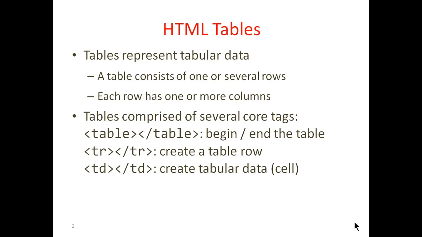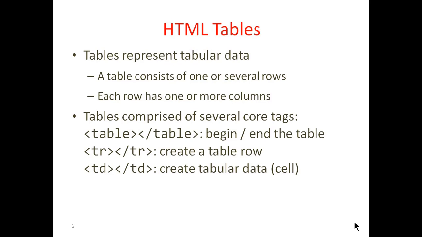Keep this in mind. Now next is the td tag. The td tag is used for the formation of tabular data or a cell. A cell is nothing but a single record in a row. Suppose there is a table consisting of name and address.